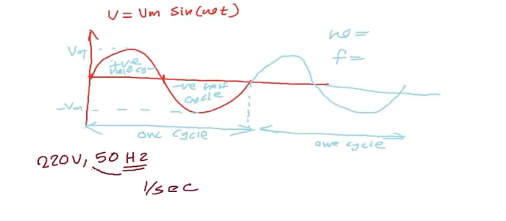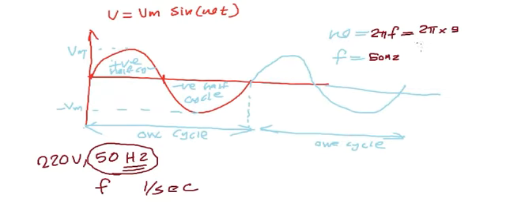That means here f is 50 hertz, or in 1 second, there are 50 cycles. What is omega? Omega is 2 pi f. In this particular example, f is 50 hertz, so 2 pi into 50, that is equal to what? 100 pi radian per second.